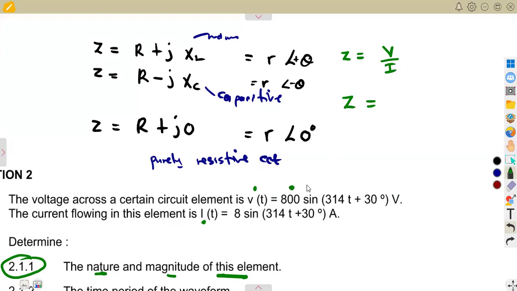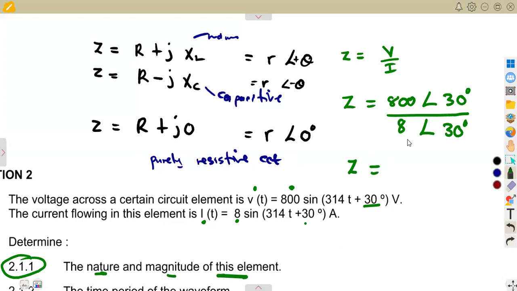I'm going to take the magnitude of the voltage, which is 800, and also the phase angle affecting it, which is 30, over the magnitude of the current, with the angle affecting it, which is 30 degrees. All right, remember this is omega, your angular velocity; the angular velocity part does not affect us when calculating this Z.